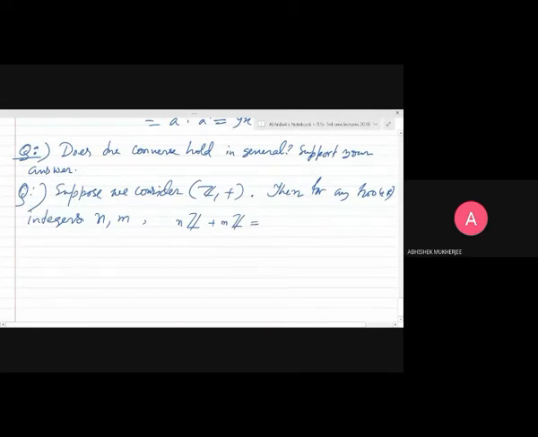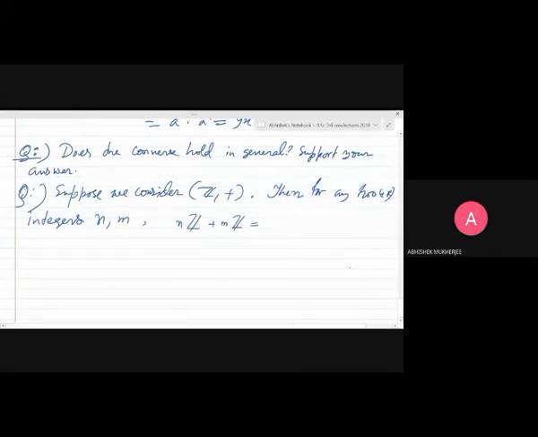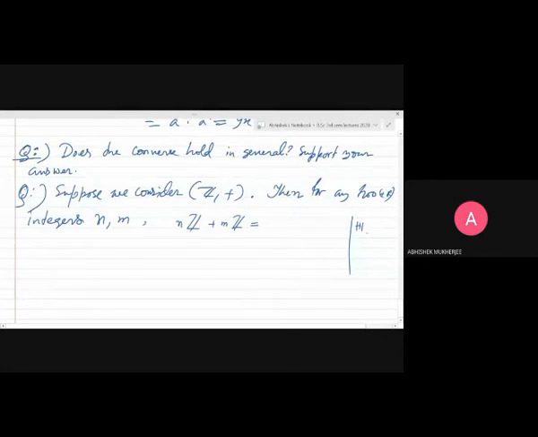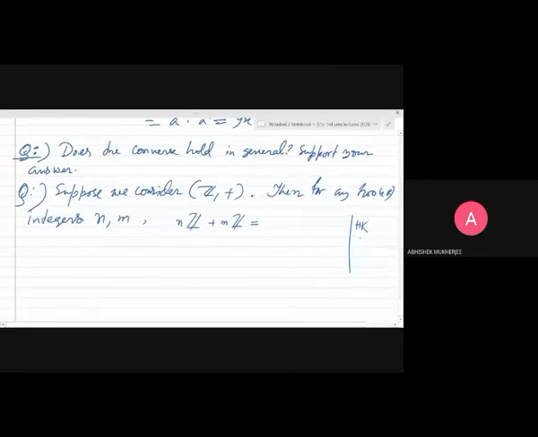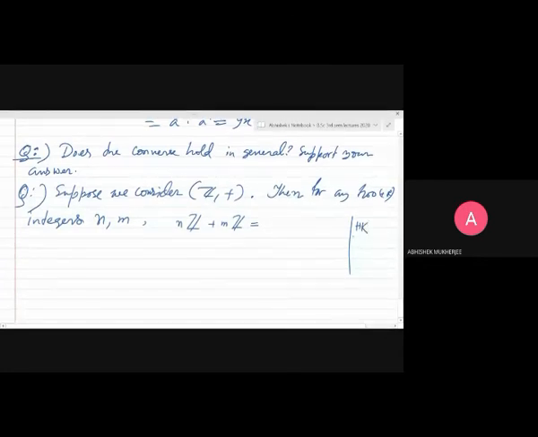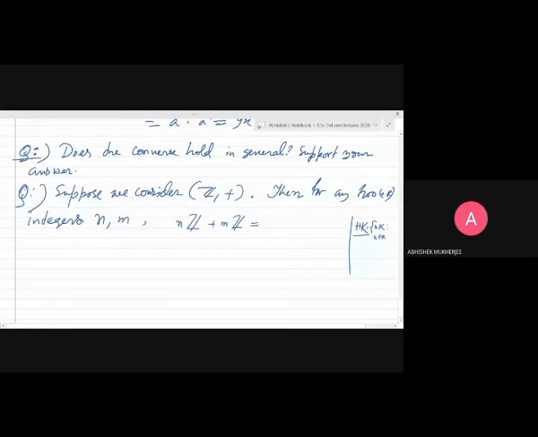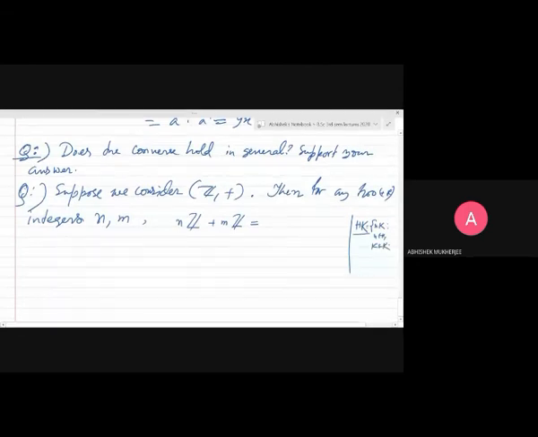What is that? This is actually the group that I have already discussed, HK. If you remember the construction, HK means products hk where h belongs to capital H, k belongs to capital K, and the composition here is the composition of the group.